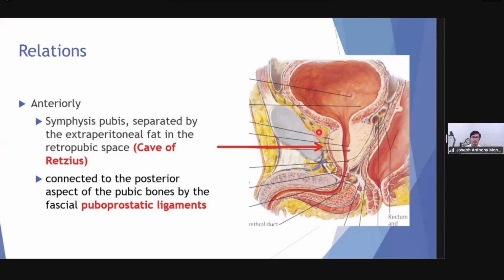Middle to it, or what is in the sandwich, it's extraperitoneal fat in the retropubic space, or what we call the cave of Zeus. Okay, so again, the texts are just mere description of what you can see in the picture. So I really highly encourage everyone to make use of the atlas during studying period.